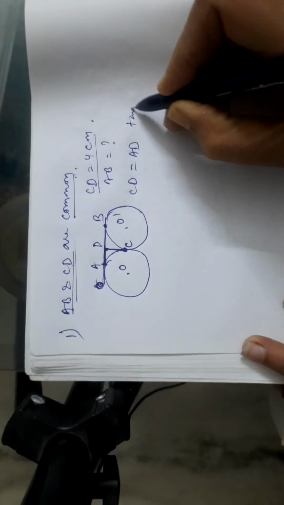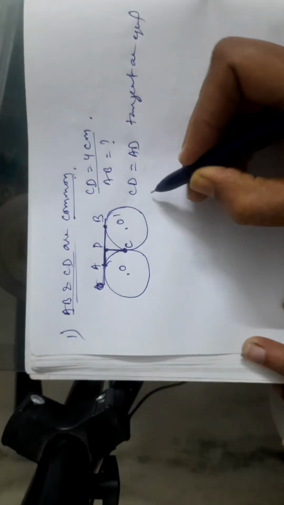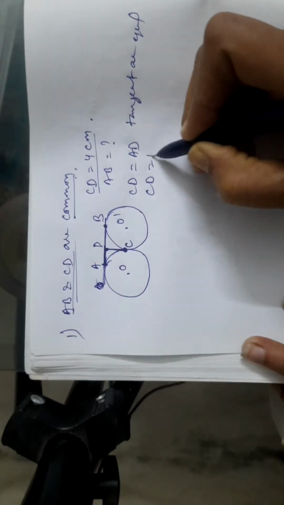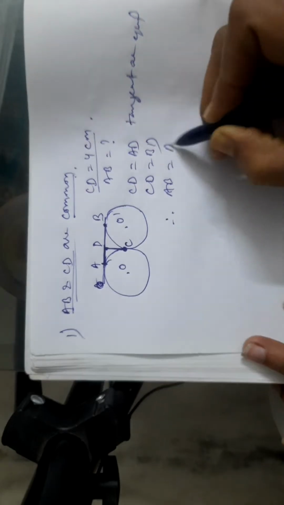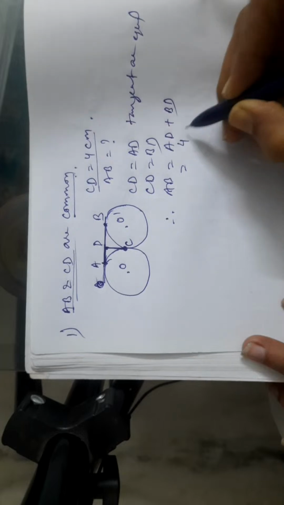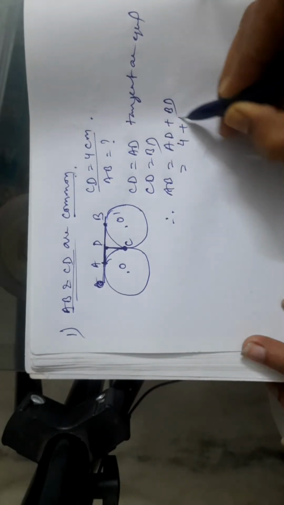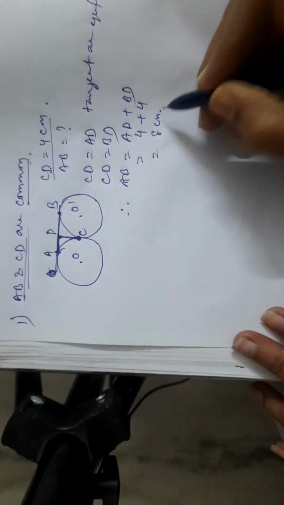In the same way, CD will be equal to BD. Therefore, AB is AD plus BD. Both values will be 4. Thus the net answer is 8 centimeter.